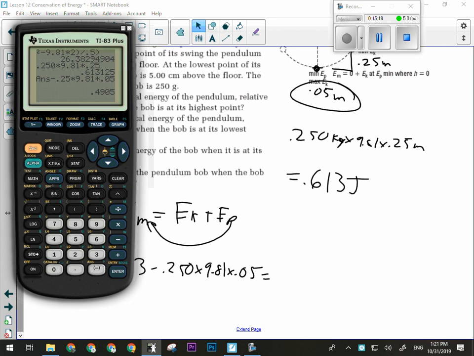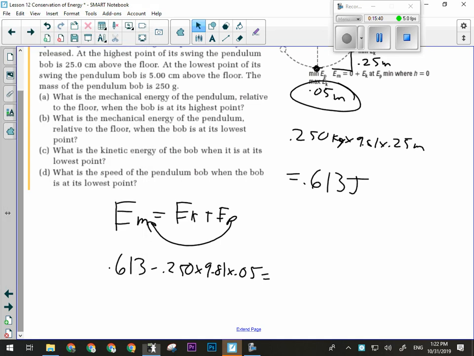And I solve for how fast it's going now. Divided by half of m and square root. So 0.125, because it's 0.25. Okay, and then square root that. All right, so at the bottom of the swing, it's going to be moving at 1.98 meters per second. Okay. Now you can guess, all the interesting stuff's happening.